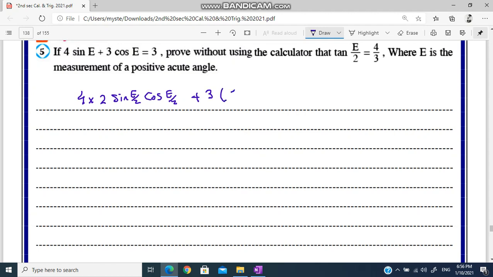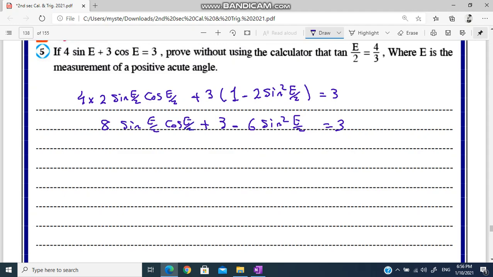Cosine e will be 1 minus 2 sine squared e over 2, which equals 3. So here it will be 3 minus 6 sine squared e over 2 equals 3, and here it will be 4 times 2, equals 8 sine e over 2 cosine e over 2.